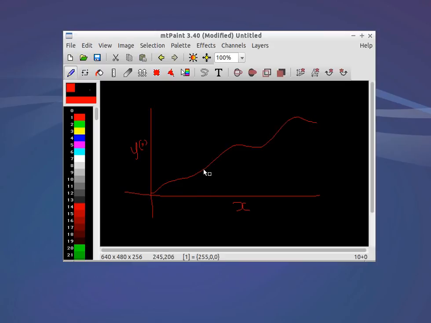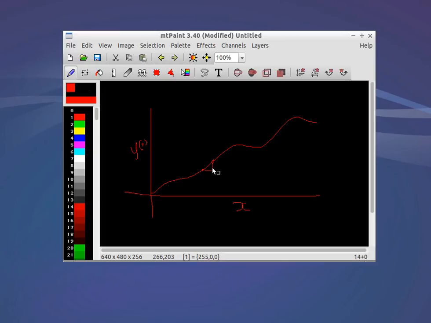If you take any point here, it will have an x coordinate and a y coordinate. Now let us take 2 points nearby and we'll try to define the concept of the derivative.